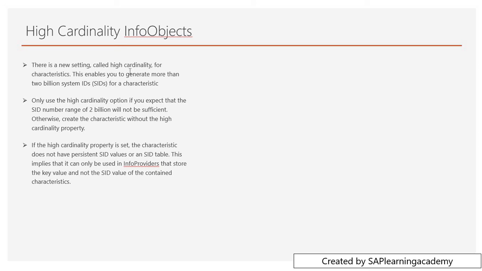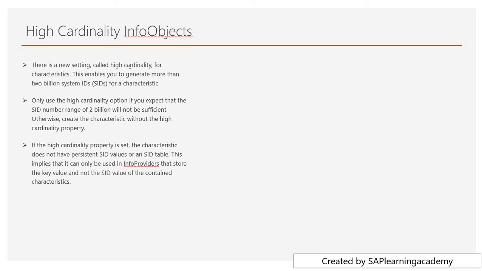Otherwise, create the characteristic without the high cardinality property. And if the high cardinality property is set, the characteristic does not have a persistent SID or an SID table. This implies that it can only be used in info providers that store the key value, not the SID value, for the characteristic.